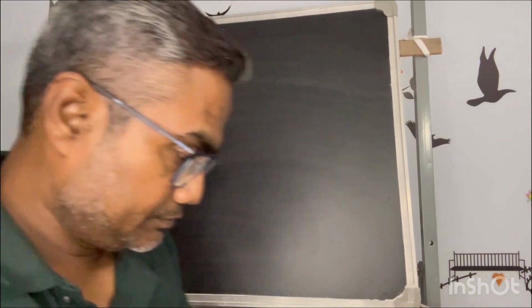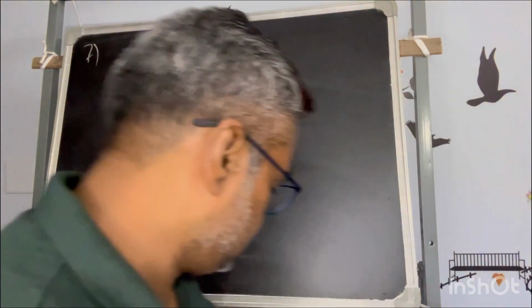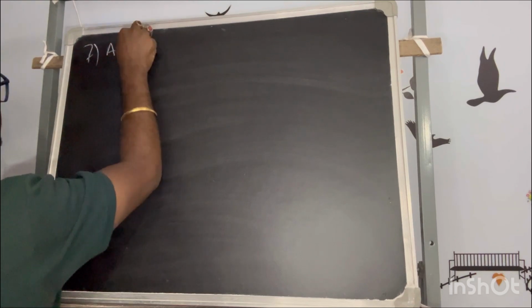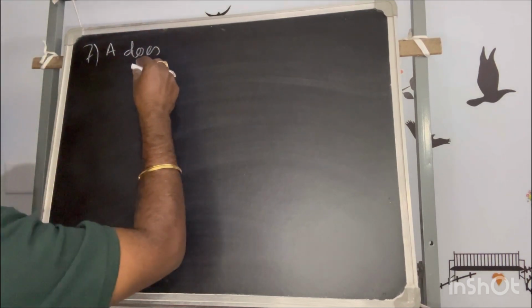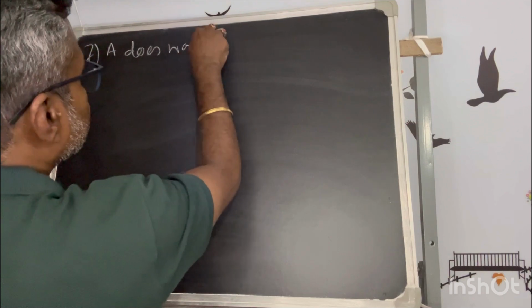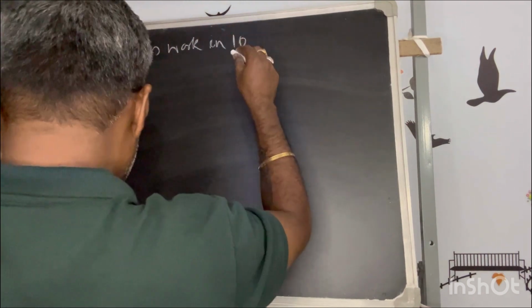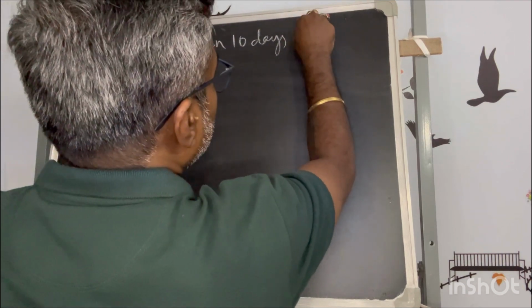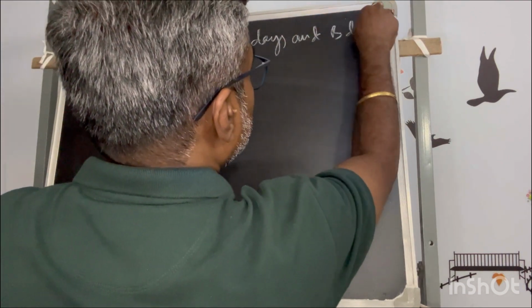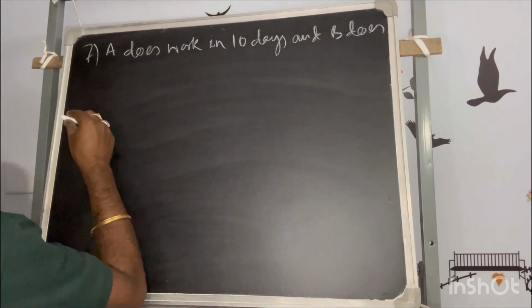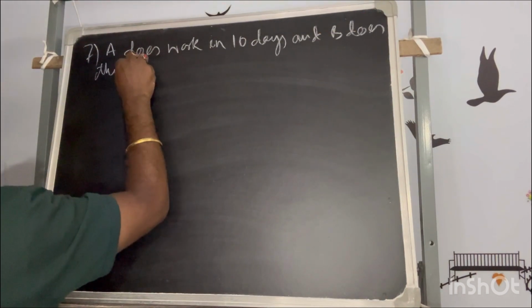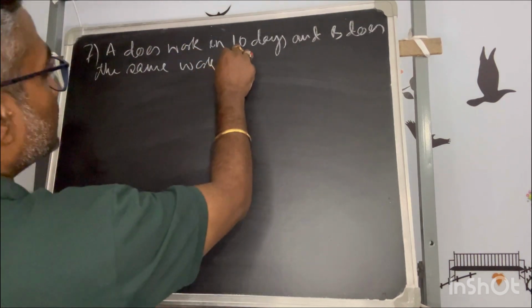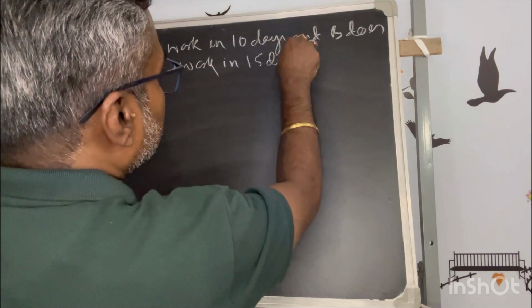Seven. A does the work in 10 days and B does the same work in 15 days.